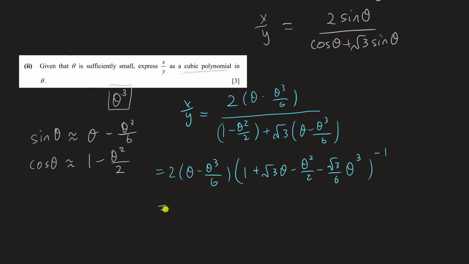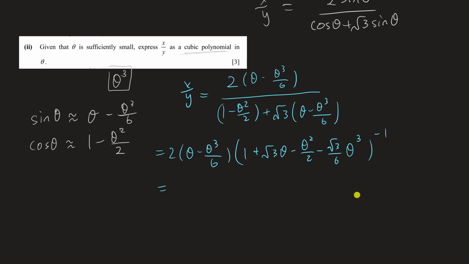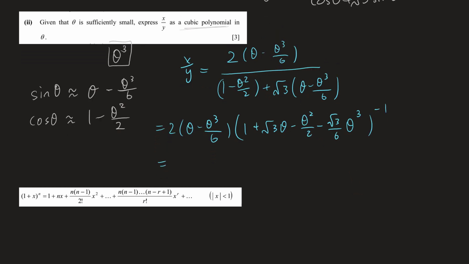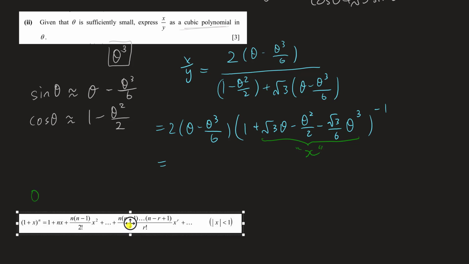Now we're going to make use of binomial expansion. I've copied down the formula here. So think of this entire thing here as your x, and then we'll just expand accordingly. So let's see what we'll get. Now you have to expand strategically because most of the stuff is not needed. So this is on the outside, 2 theta minus theta cube over 3, multiplied by, first thing, 1 plus nx.